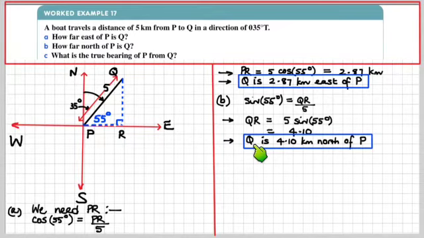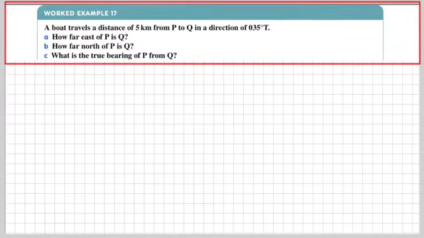Therefore, we can write in words that Q is 4.10 kilometres to the north of P. Okay? How's that? Yeah? I think it's pretty straightforward, don't you? But you've just got to get your ducks in a row and understand how these bearings work.